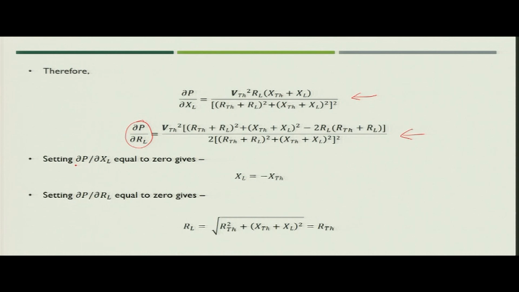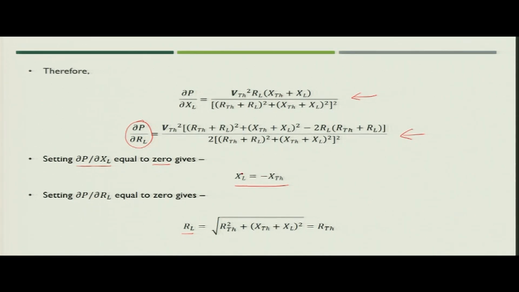Now, when you set del P by del XL equal to 0, what will happen? This factor cannot be 0, and this one again cannot be 0. So what can be 0 is XTH plus XL. When you set XTH plus XL equal to 0, you get the condition that XL should be equal to minus XTH. Similarly, when you set del P by del RL equal to 0 and solve, you get RL equal to the square root of RTH square plus (XTH plus XL) square.